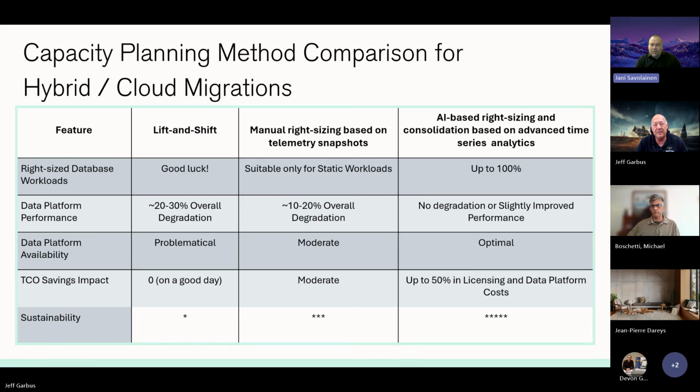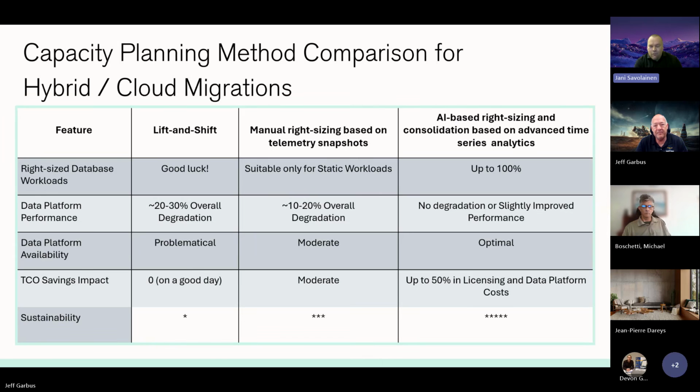And also the data platform availability is quite often problematic, and there is a need to refactor the established base there. Manual right sizing based on telemetry snapshots is a much better option, but it's not bulletproof, because then you are missing trends and the seasonality of the database workloads.